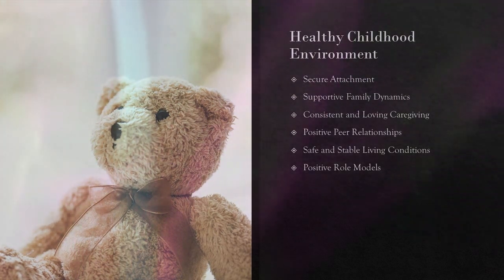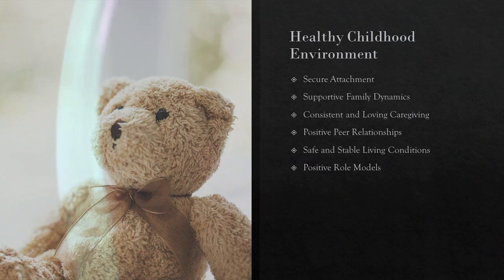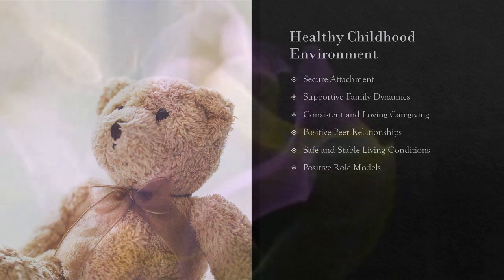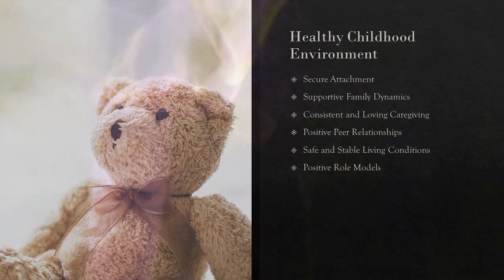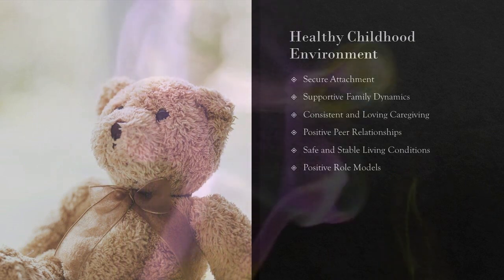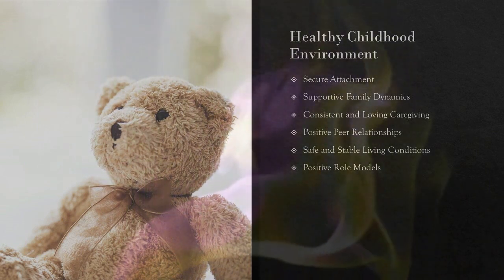There should also, of course, be stimulating educational opportunities. An environment that encourages cognitive development includes access to stimulating educational opportunities, and this is not just in the classroom, but age-appropriate books and toys and engaging activities that promote intellectual curiosity and problem-solving skills within the child.